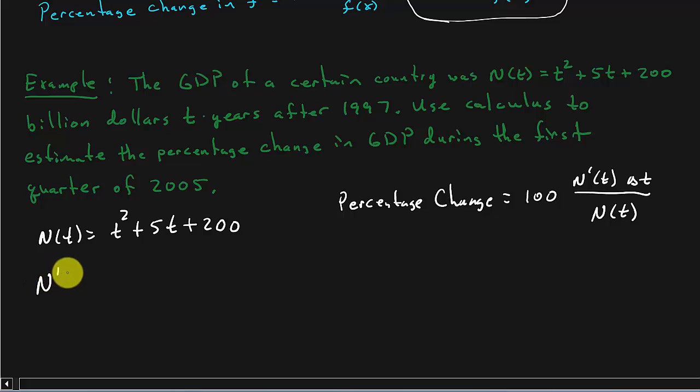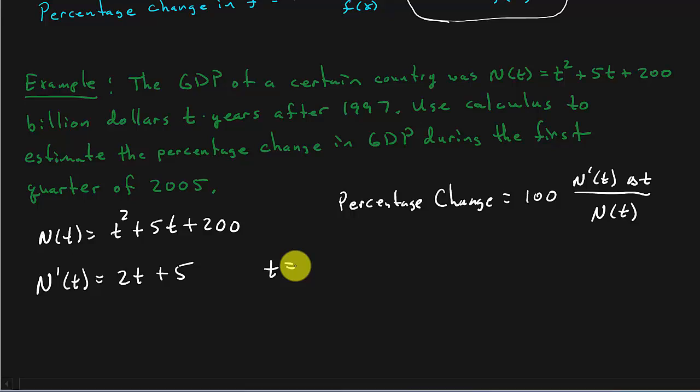So I need the derivative. N prime of t is 2t plus 5. There's my derivative. And now I need to know, what do I plug in for t?